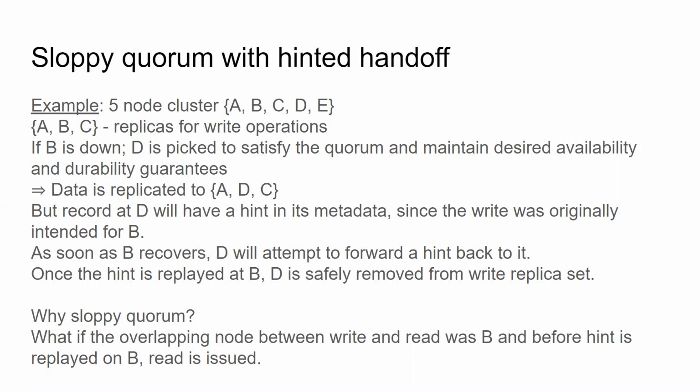The write quorum is met, so you can't fail that write. So you instead write to the 2 nodes, and you store a hint in the coordinator itself. When the corresponding node comes back, you say that this is a hint stored for you. You write it down, something like that.